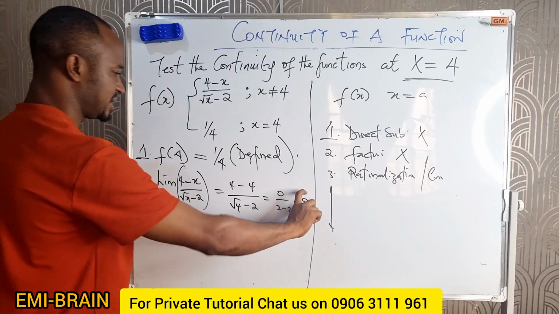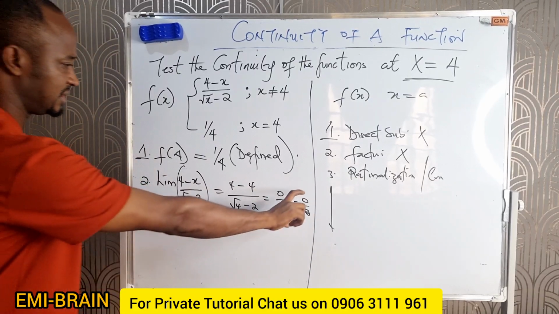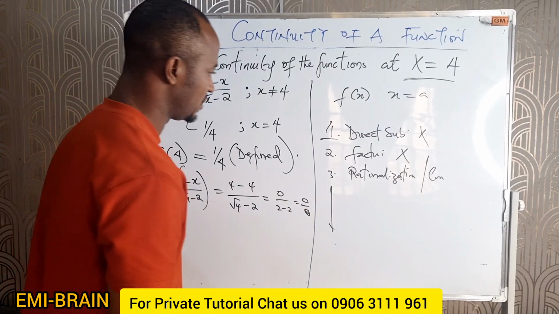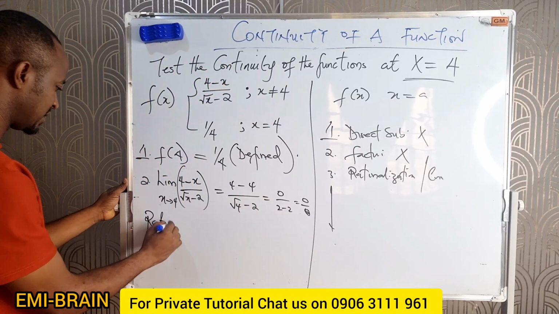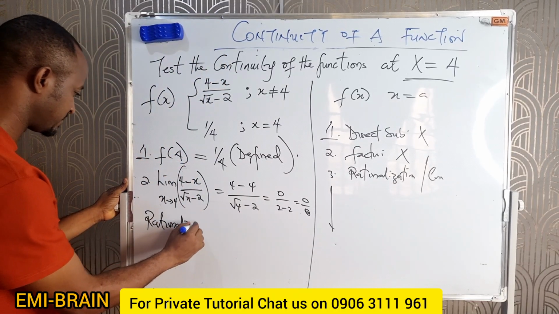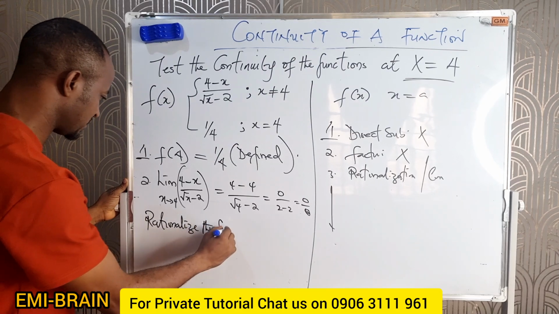Since this gives us 0 divided by 0, an indeterminate form, we have to rationalize the given function.